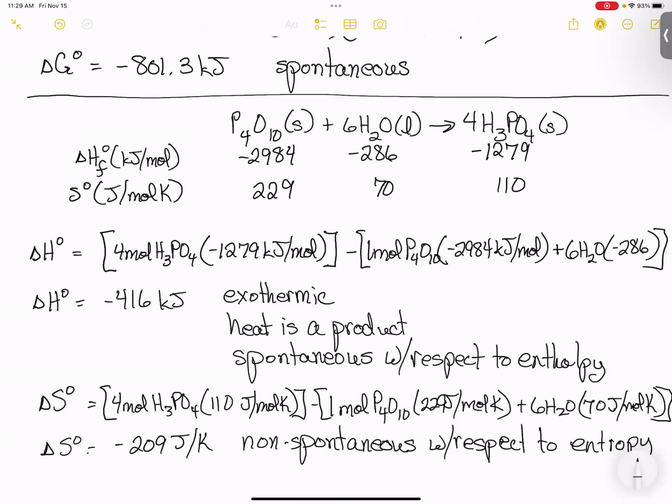We can have a negative, a positive, and this one will be negative and spontaneous. No option. We can have a positive, we can have a negative, and this one will come out positive and be non-spontaneous, no option.